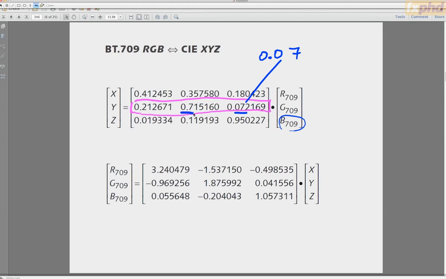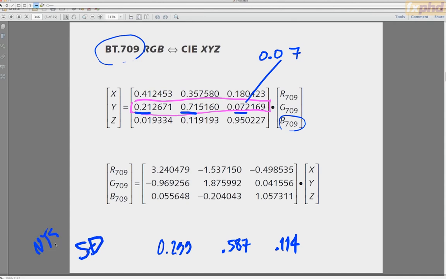Green contributes 71%, red contributes 21%. Now that's all in the 709 flavor, and some of you may know these numbers: 0.299, 0.587, 0.114. Those are the luminance coefficients for the original NTSC SD system. But today we really want to use 709. Those are the luminance coefficients. That's simply the middle row of the RGB to XYZ matrix.